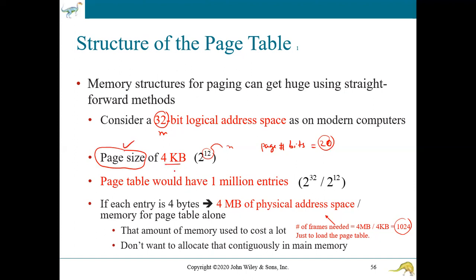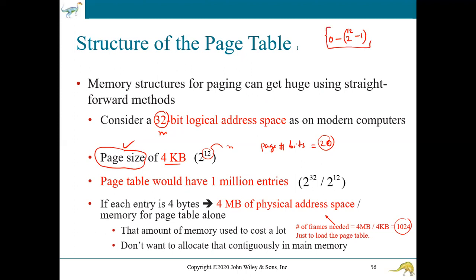So each page is 4 kilobyte, starting from 0 within the page, 0, 1, 2, 3, 4, up to 4 kilobyte minus 1, because it is 0 relative. So 2 to the power of 12 minus 1 is the last address within the page. So 0 to 2 to the power of 12 minus 1 are the number of addresses you have within a page.